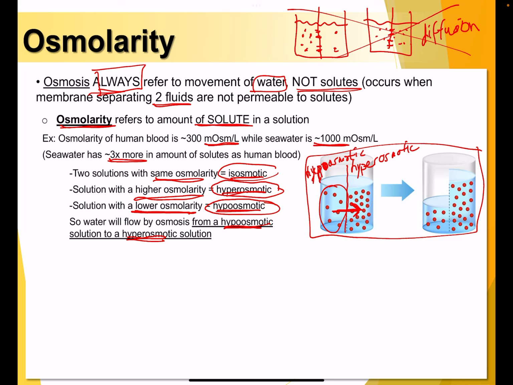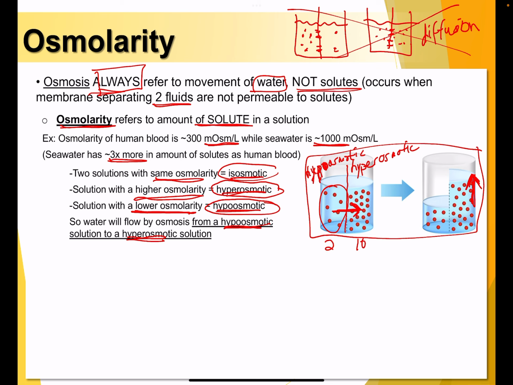So what you're literally doing is letting more water come into this fluid, which means you're diluting that side of the fluid volume, because we cannot move the red circles around. What we can do is dilute one side and concentrate the other. Let's say this side arbitrarily has 10 units of osmolarity and this one has 2.